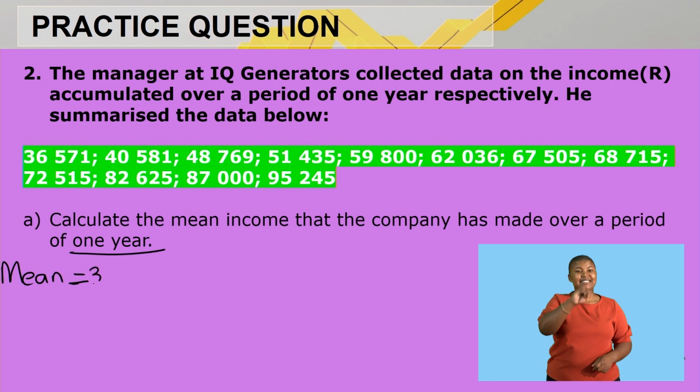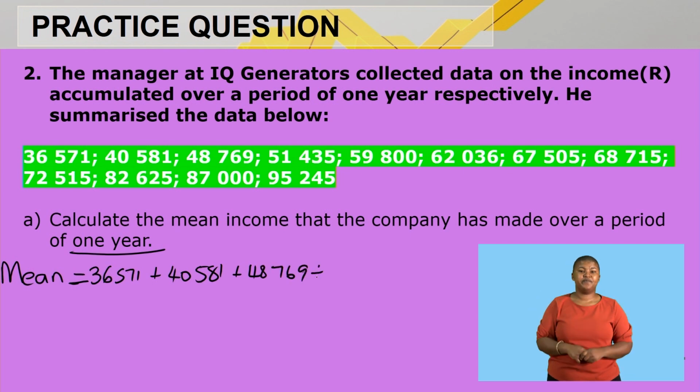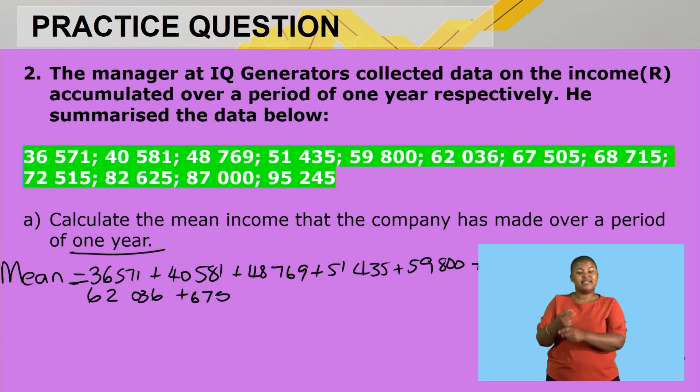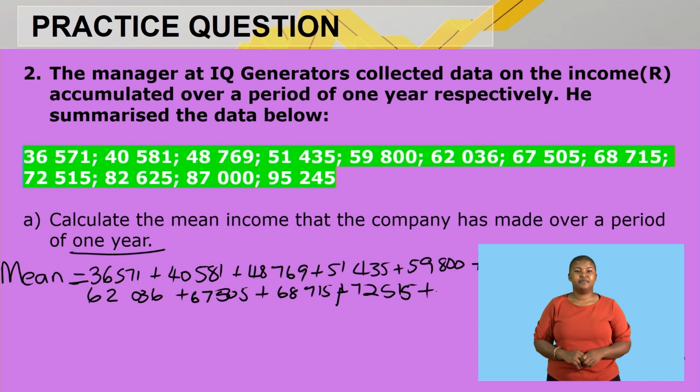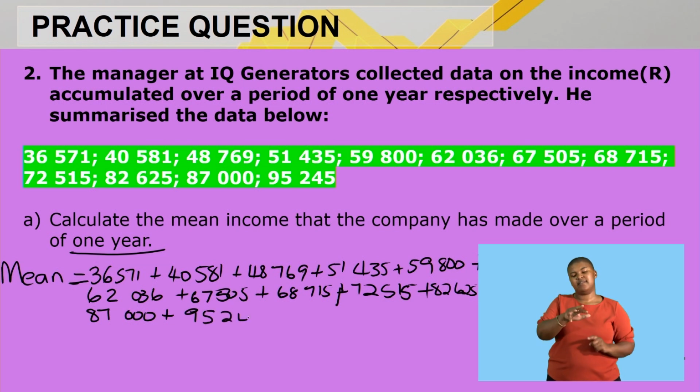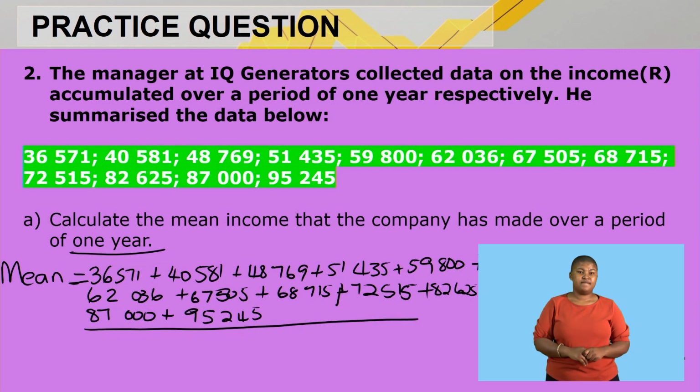So our mean would be 3,571 plus 4,581 plus 48,769 plus 51,435 plus 59,800 plus 62,036 plus 67,505 plus 68,715 plus 72,515 plus 82,625 plus 87,000 and lastly 95,245.